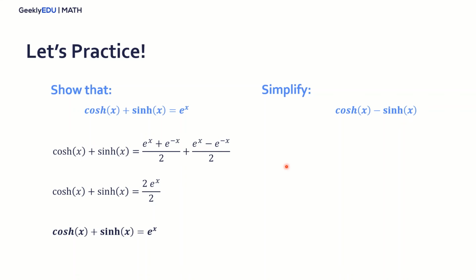Now the other expression, you notice that it's the opposite, right? Instead of a positive sign, we have a negative sign over here. And when we do the calculations again, now we have e to the x minus e to the x.